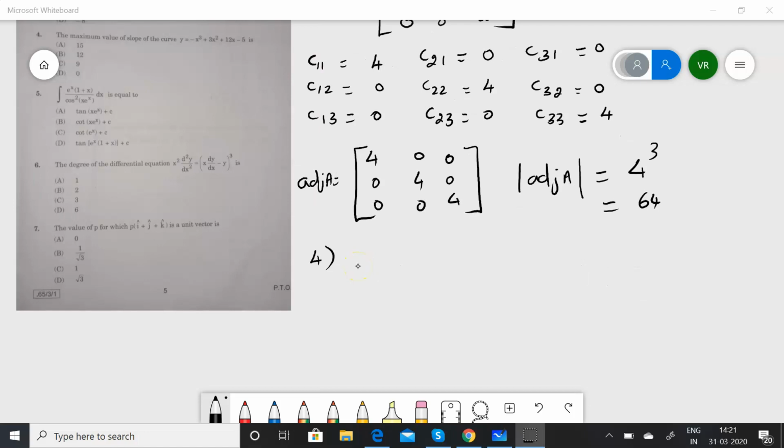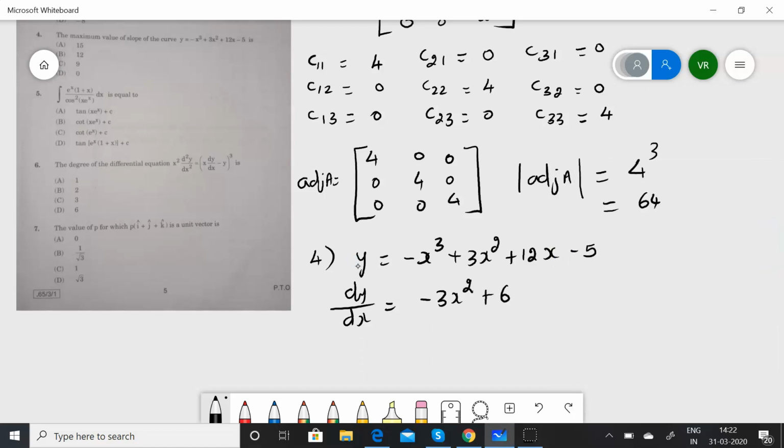Question number 4. The maximum value of the slope of the curve y equals minus x cubed plus 3x squared plus 12x minus 5 is, okay, let us now find y dash, that is dy by dx, which is equal to minus 3x squared plus 6x plus 12.